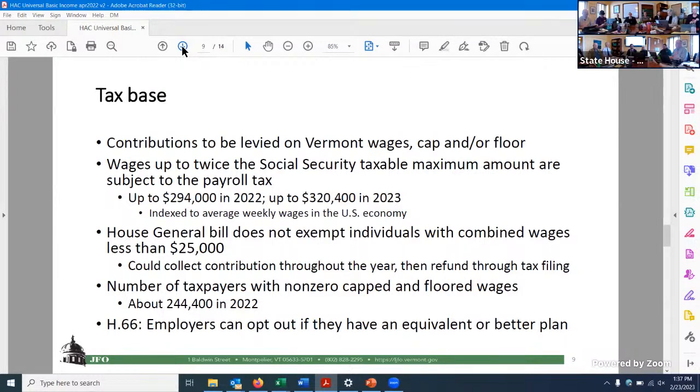The one thing that keeps me up at night is thinking about who's likely to opt out. If it turns out that it's the law firms with lots of very high paid workers who are more likely to opt out because they have a very generous plan already, they would have been paying relatively high contributions into the program because their earnings are quite high, and they might not be using the state provided program if they had a more generous program for themselves.